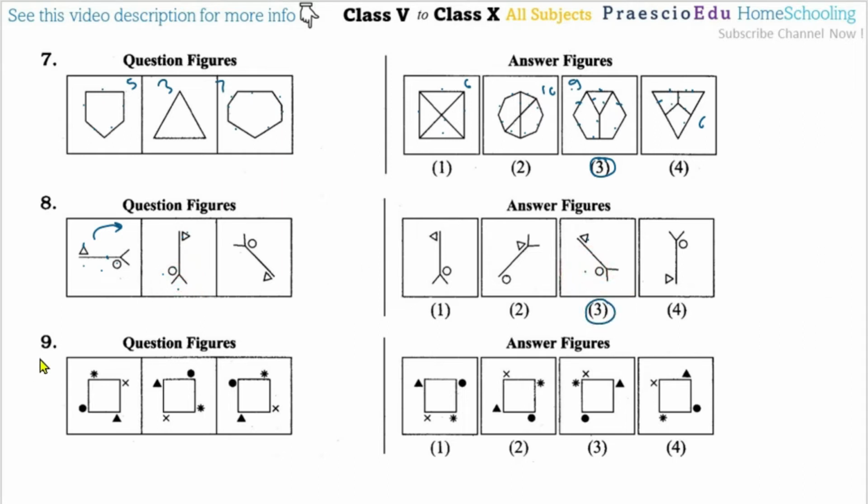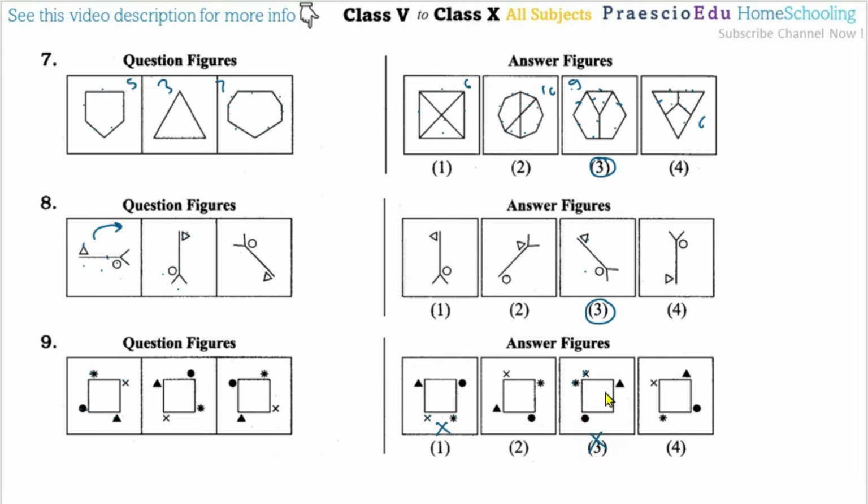Then question number 9, if you observe, these 4 symbols are on 4 sides, not near each other. Here they are near each other, so option number 1 is incorrect. Then in these options, these are the nearest ones, so option number 3 is also incorrect.